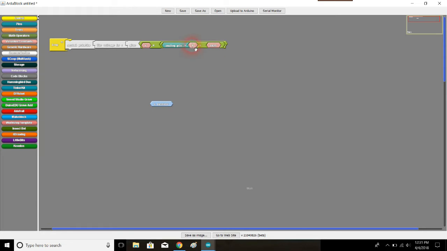These pink blocks here all represent integers, which means numbers without decimal places. Because this number here, analog pin 0, which we saw was about 646, is being divided by 1023, that result is somewhere in between 1 and 0.